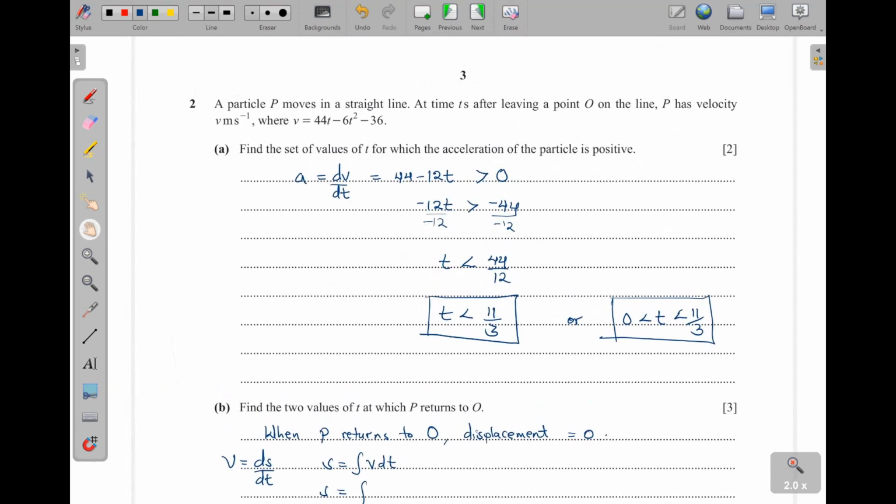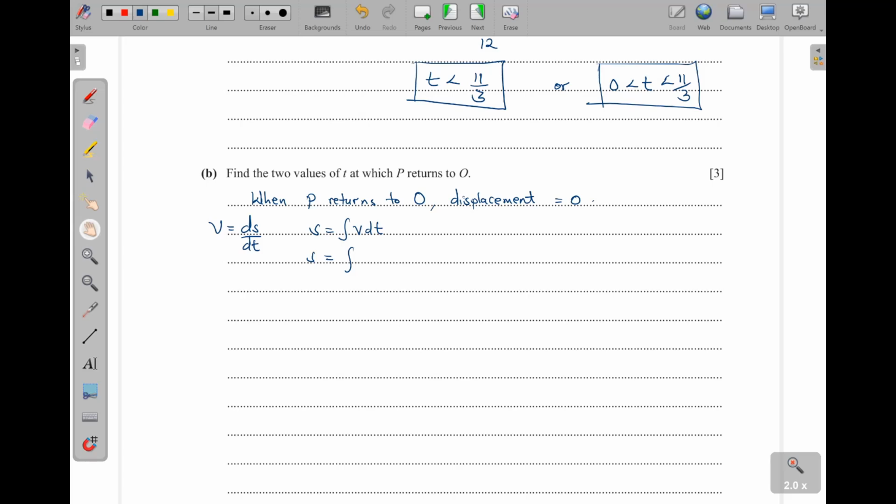It was given as 44t minus 6t squared minus 36. We integrate this with respect to t, and you know that we increase the power by 1, then we divide by the new power. So we shall have 44t squared over 2, 6t cubed over 3, and 36t, then plus an arbitrary constant c, because we don't know the constant that disappeared when they differentiated.